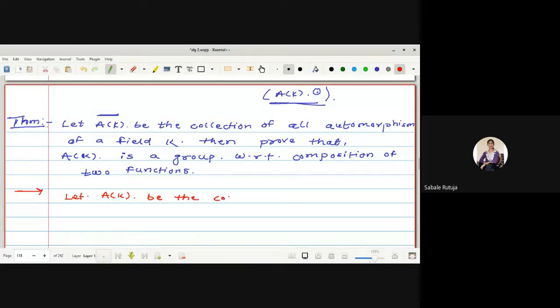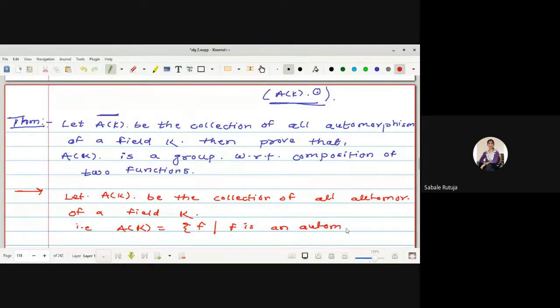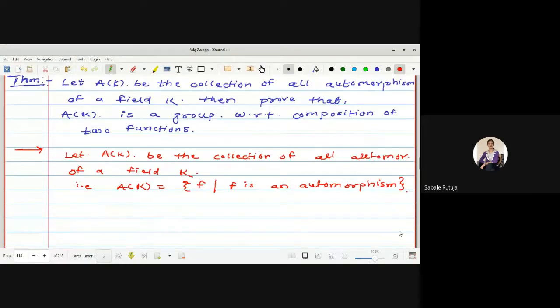Be the collection of all automorphisms of a field K. Okay, that is, we can write that set A of K is equal to F, such that F is an automorphism of K, capital K. Is it correct? Yes, sir.